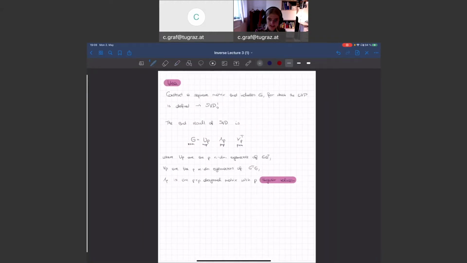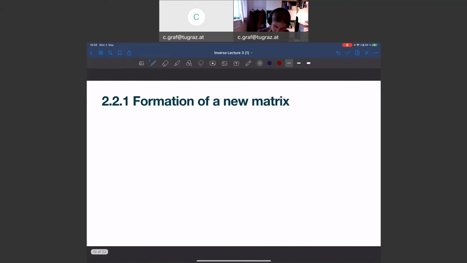So let us start. First, we need a new matrix where we can actually apply the eigenvalue problem. So we define B as 0, T, transposed, and 0 again. So B is a block matrix.